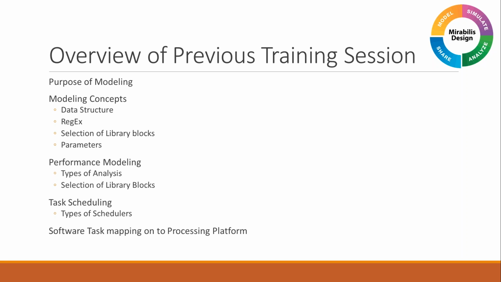Performance modeling is really about stochastic processes, which is you have certain activities that might consume a certain amount of time, and there might be logic in between that might take you to different routes within your particular system. Again, there we cover the aspect of library blocks and how you select those.